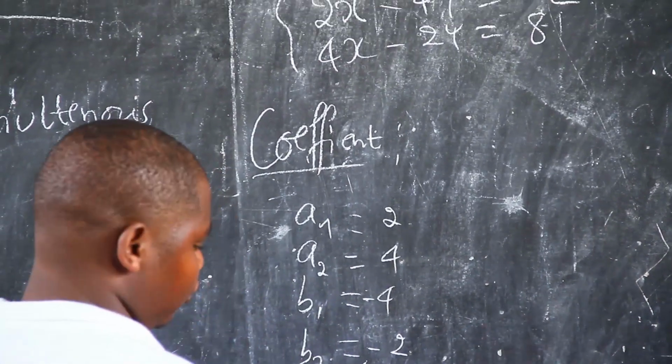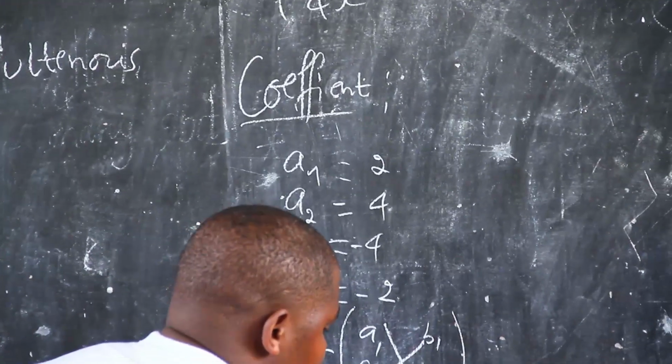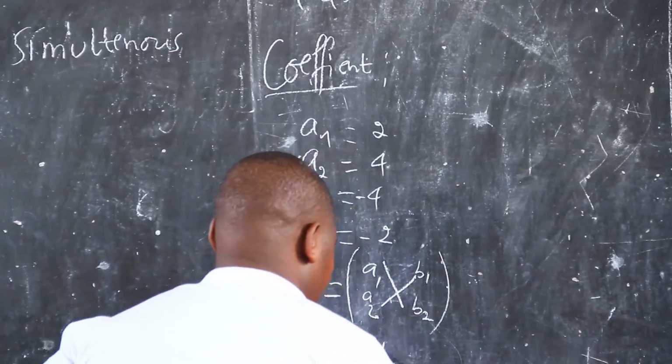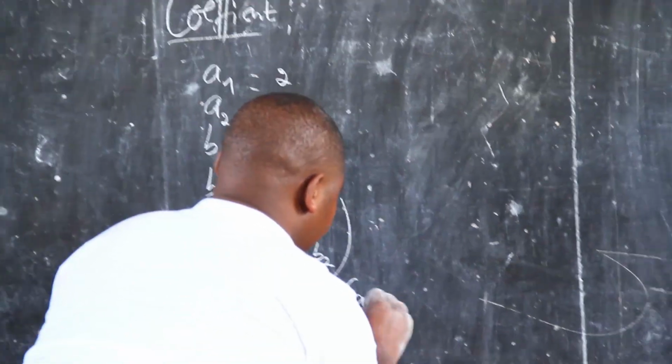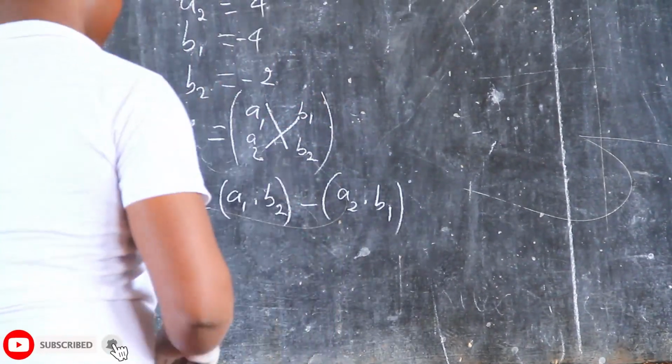The coefficient will be equal to A1 times B2, minus A2 times B1.